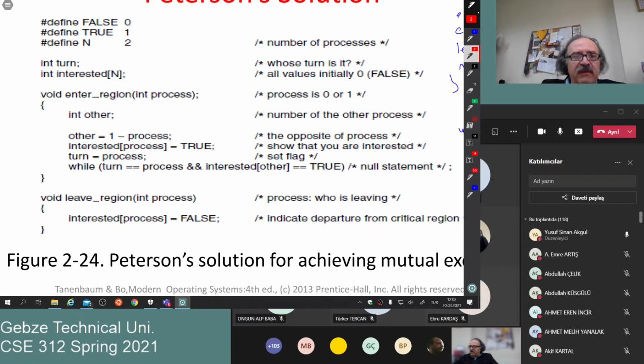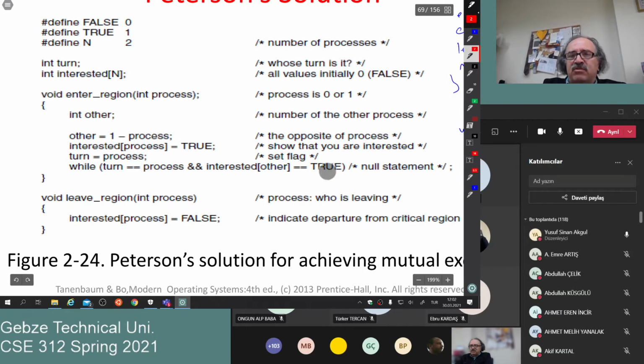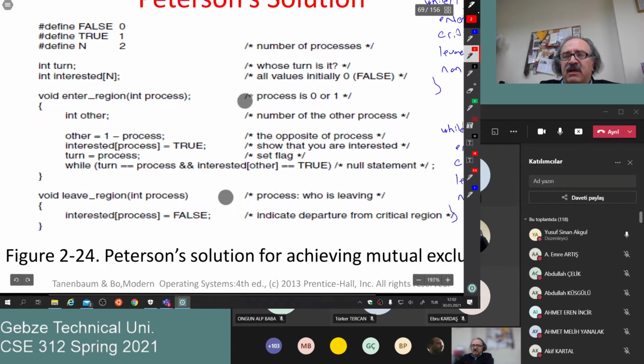What am I going to do? I check this condition. If turn is the same as process, I am trying to make the turn myself. If this is true and interested other is true, that means that both of us are trying to enter the critical region. So I will wait.